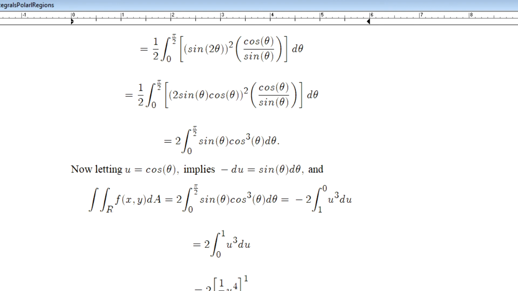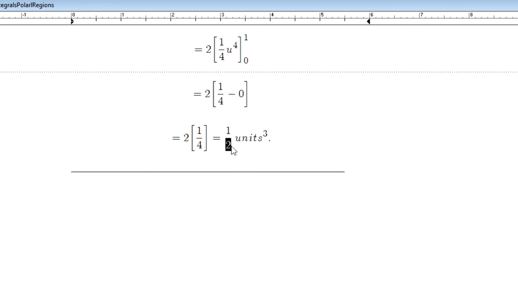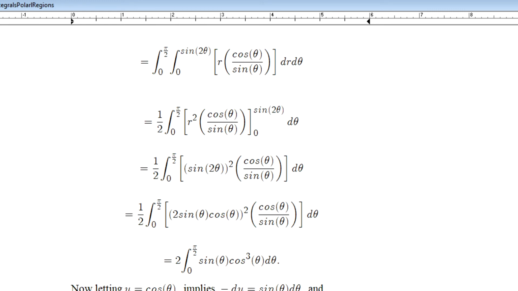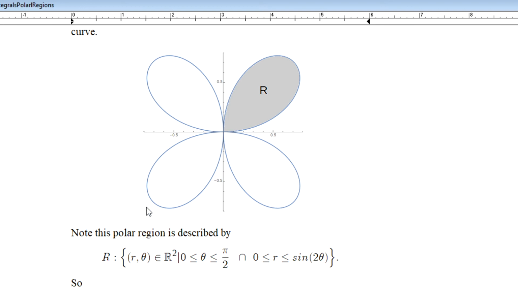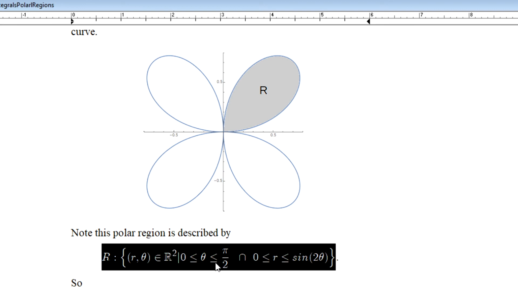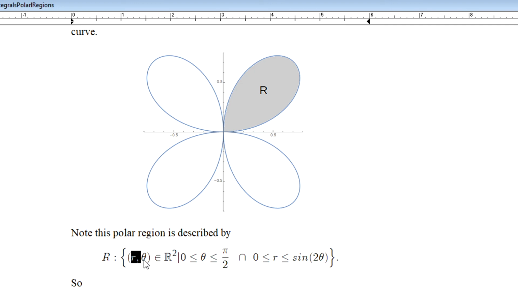Notice that result, folks, of 1/2, right? This was found in a rather simplistic manner, nothing too terribly complicated. Whereas if I had laid out R's description, or attempted to, in the rectangular coordinate system, that certainly involving x and y would be a much more terribly complicated description here.